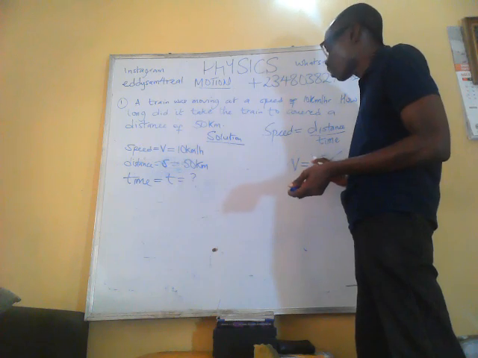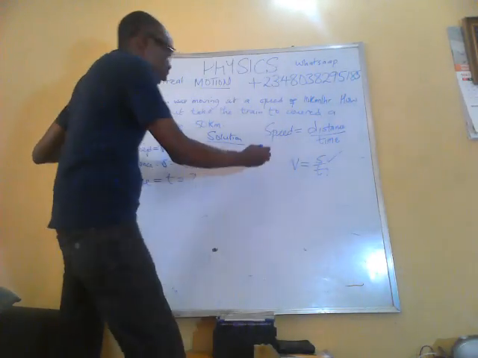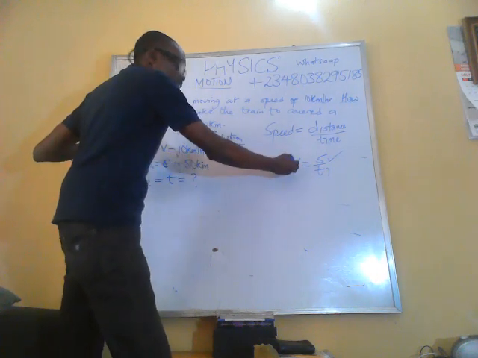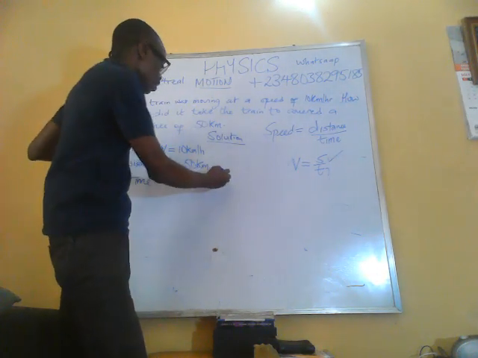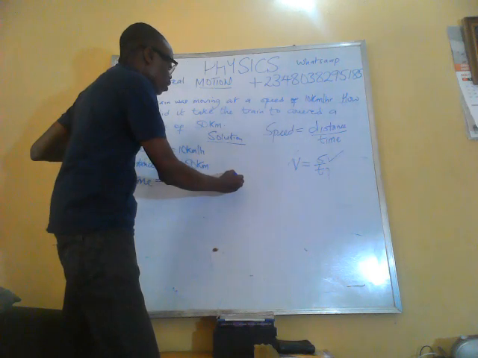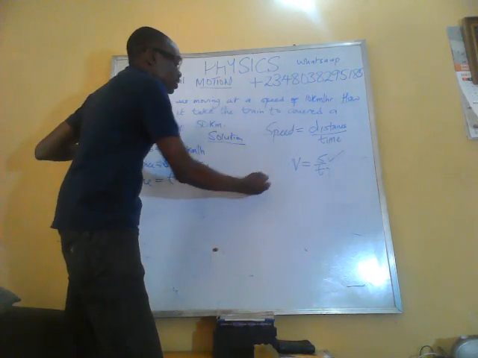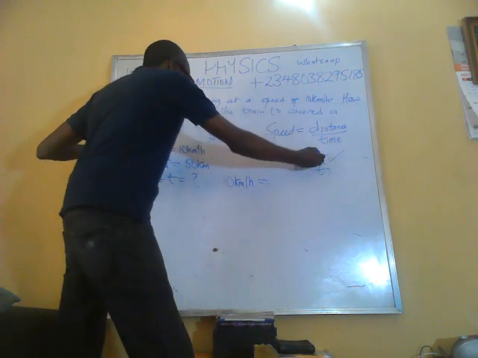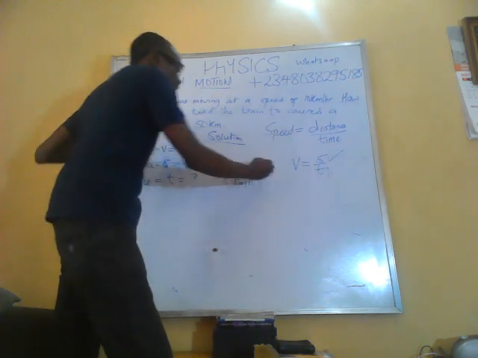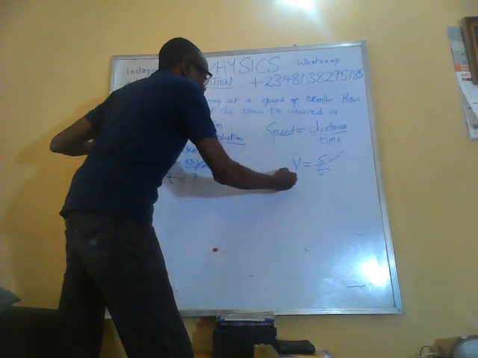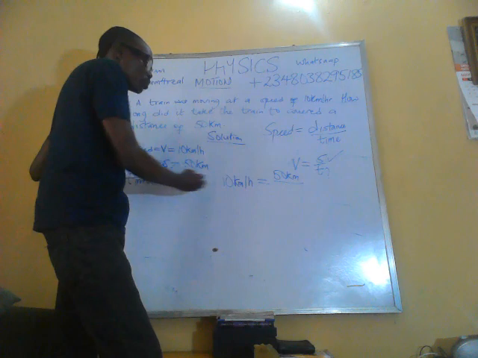Let's substitute the values into this equation. Our speed V, 10 kilometers per hour, is equal to distance S, which is 50 kilometers, all over T, which is the time, which we don't know.